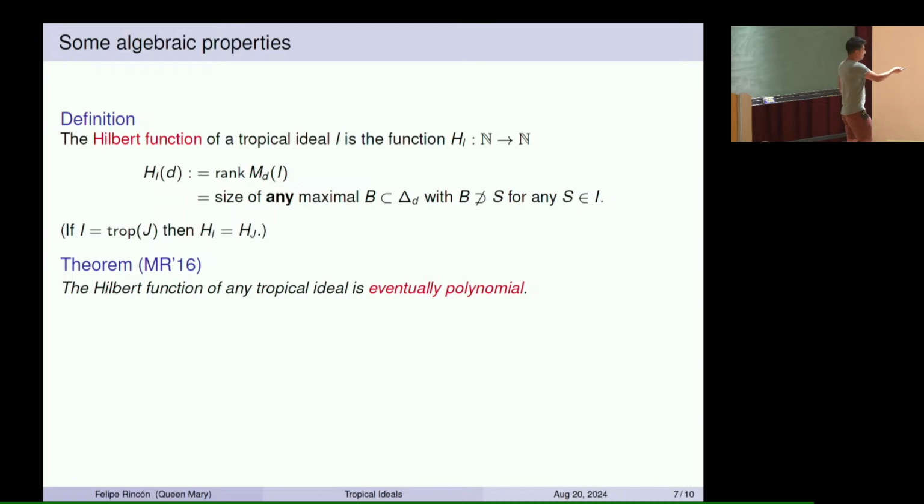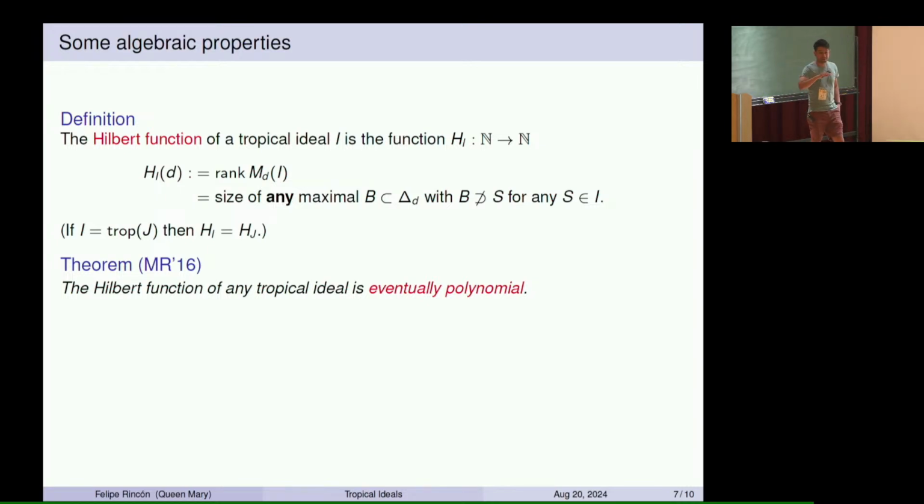In terms of basis, it's the size of any basis, and a basis is a subset of monomials that does not contain anything in your ideal, because remember, the sets in S are meant to be the cycles, so the minimal ones are the circuits, and if you don't contain a union of circuits, that's when you're independent. So this generalizes the notion you have for Hilbert function of an ideal over a field, if you're familiar with that.